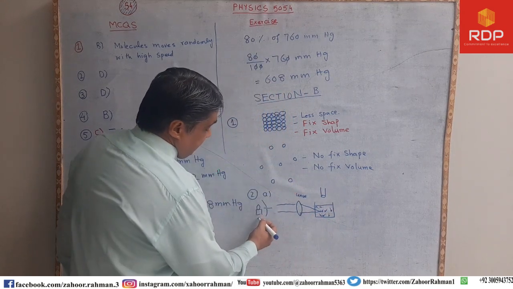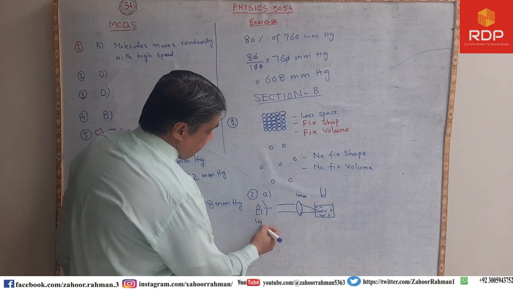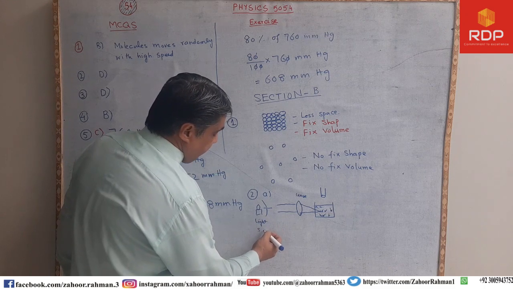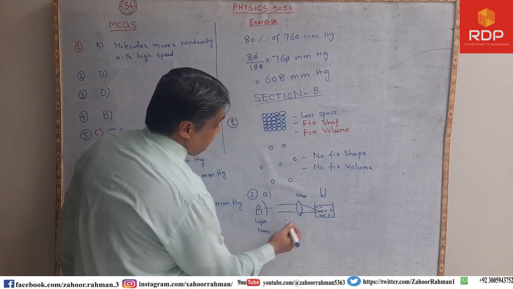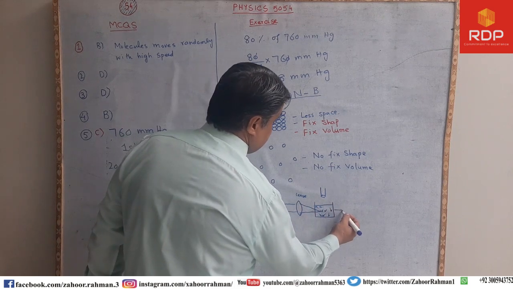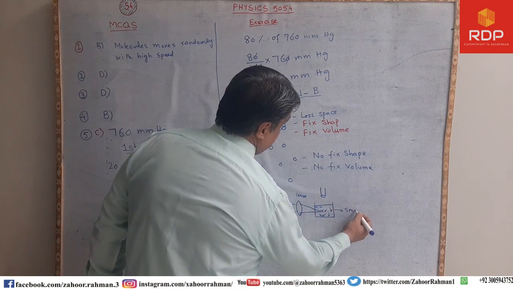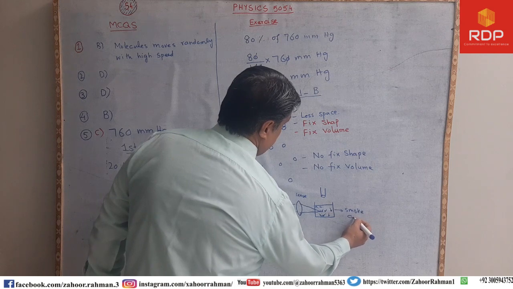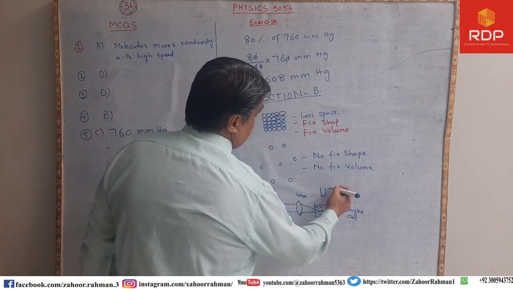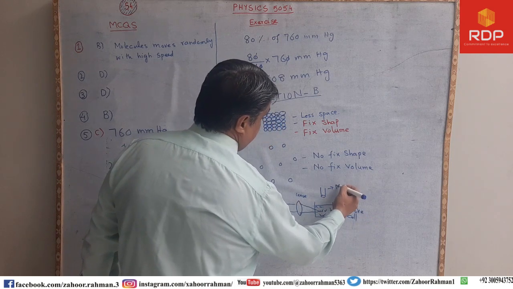This is a light source because we are labeling it. This is the smoke particle. This is a smoke cell, which is also called a smoke chamber. This is the microscope.